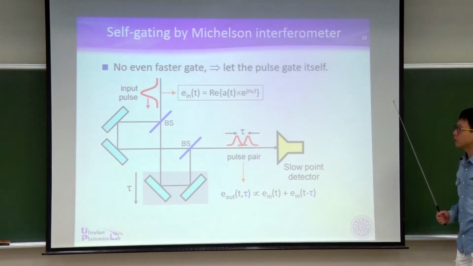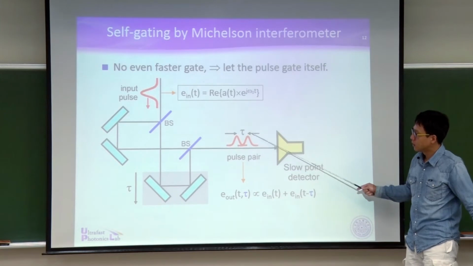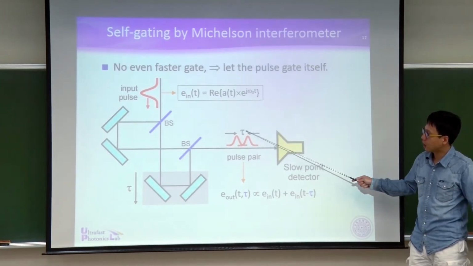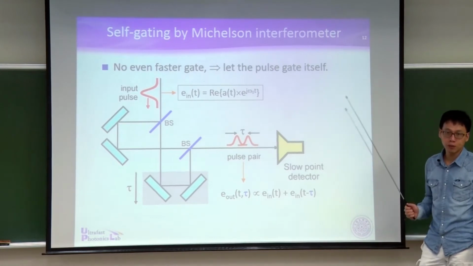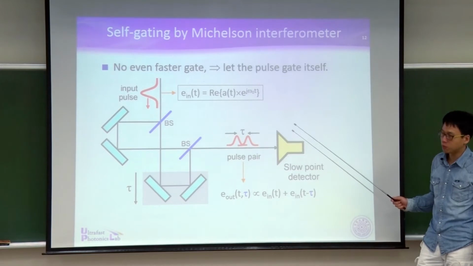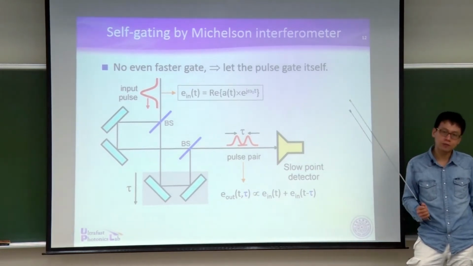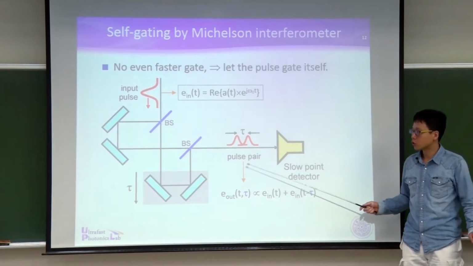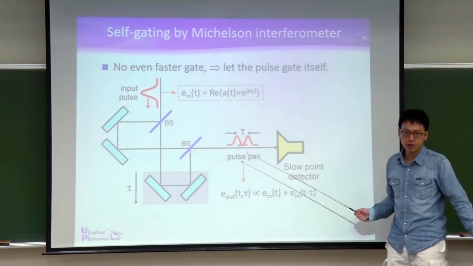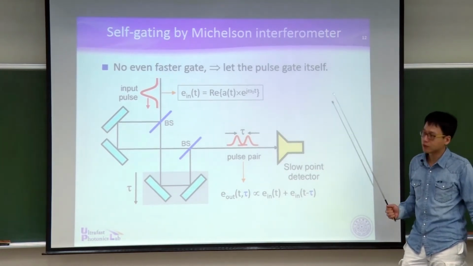After passing through the Michelson interferometer, we might have something like this, a pulse pair, where there is a time delay tau between the two pulse replicas. And the delay tau is controllable by this translation stage. If you increase the beam path of the translation stage, you can increase the relative delay tau. Okay?